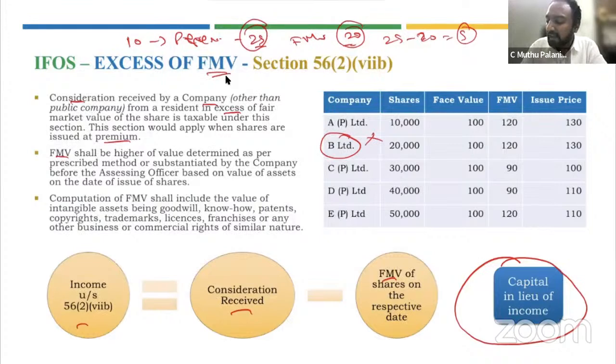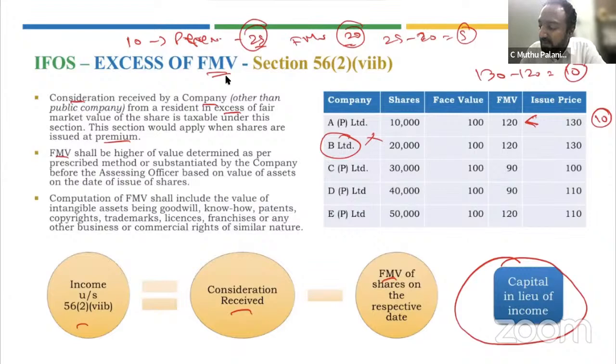So now fair market value is less than the issue price, which means the excess, that is 130 minus 120, that is 10, will be treated as income, because my issue price is more than the fair market value.